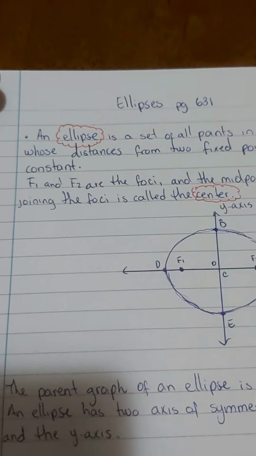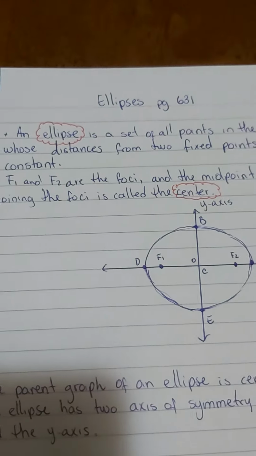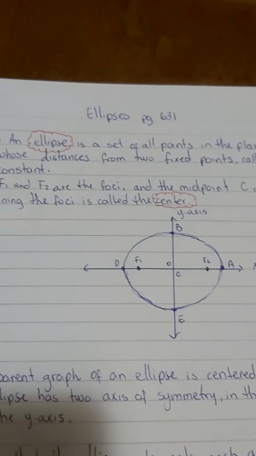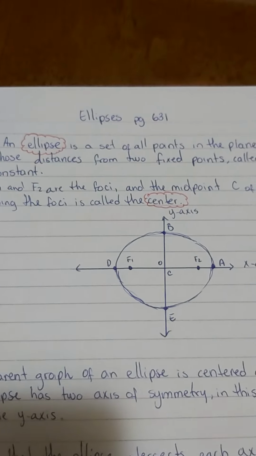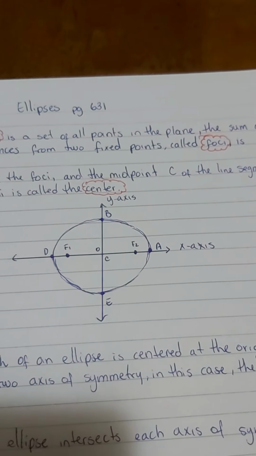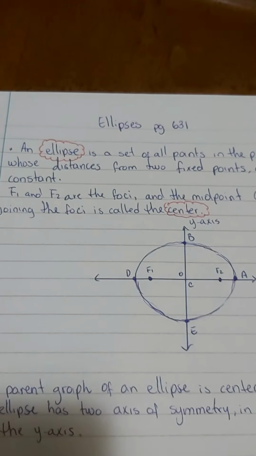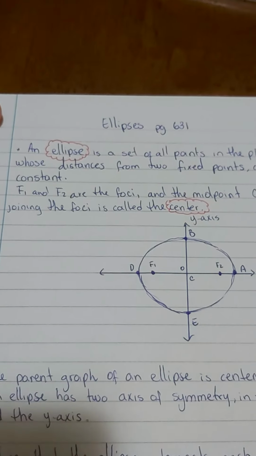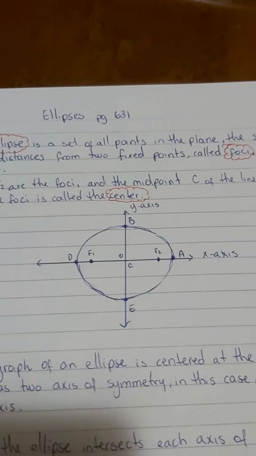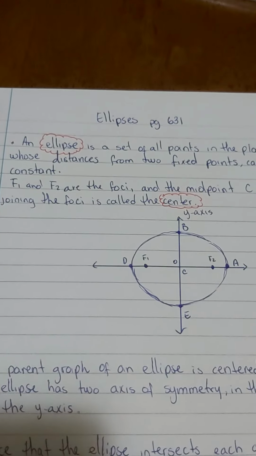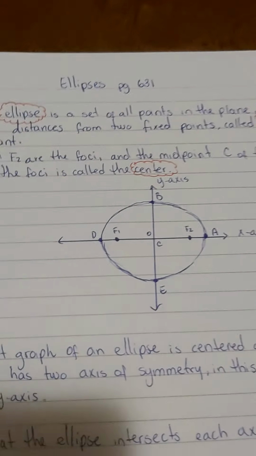So first of all, let's define an ellipse. An ellipse is a set of all points in the plane, the sum of whose distances from two fixed points called foci is constant. Now, F1 and F2 are the foci, and the midpoint C of the line segment joining the foci is called the center.